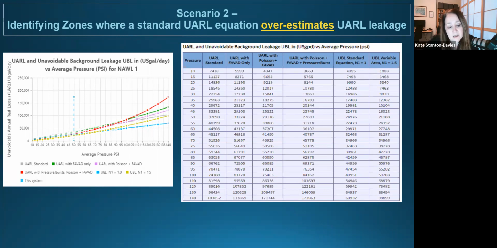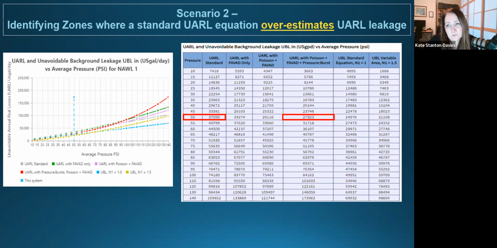I don't want to spend too much time on the graph apart from to say that you can see that all of these curves, and I'm particularly interested in the red one, which is the UARL volume with the effects of FAVAD, Poisson, and pressure bursts, rise sharply as pressure increases. But I want to draw your attention to this table on the right-hand side. At 50 psi, the standard UARL is 37,090 US gallons per day against an SCF volume of just over 27,600.